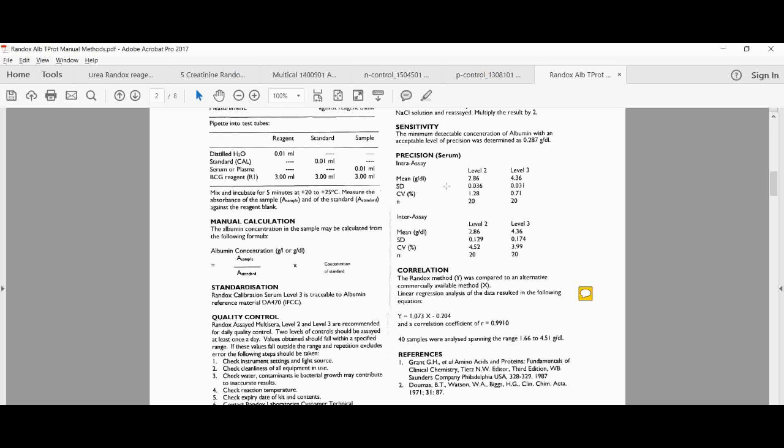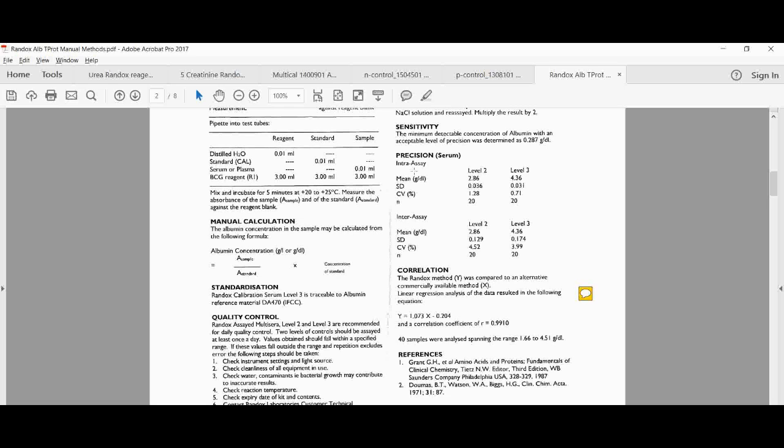And that is the standard deviation and the mean that they got, and the coefficient of variation that they got, 1.28 and 0.71. And usually, if you have a CV, coefficient of variation, less than 5, then you're sitting with a good precision. Anything greater than 5, then your method becomes very imprecise.